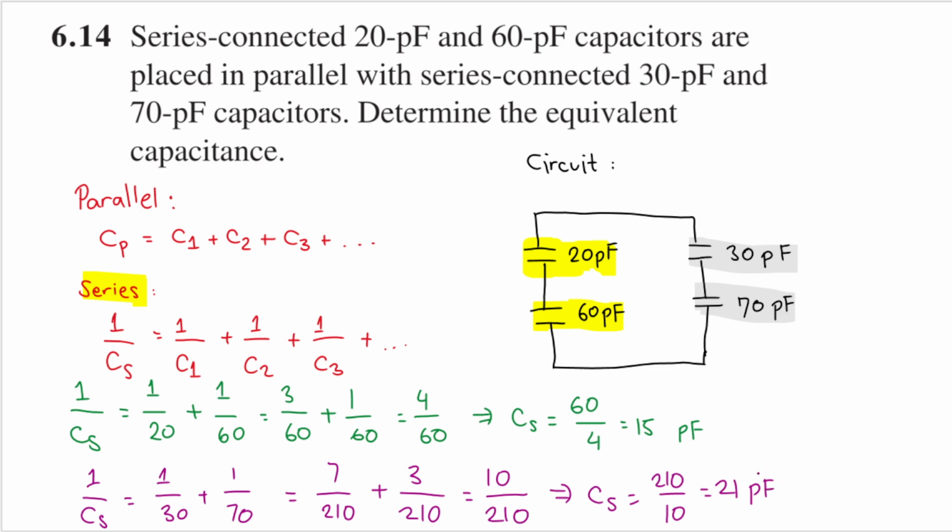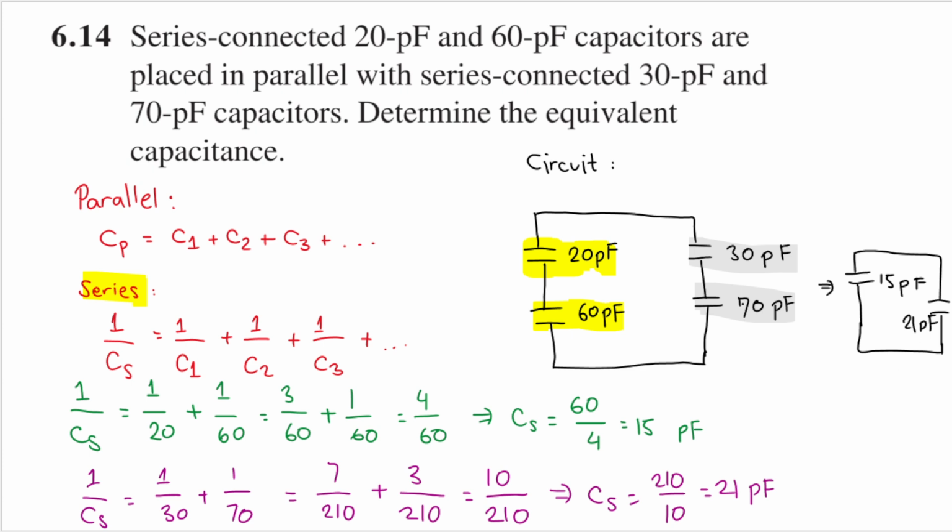So we can simplify our circuit here by using these values. This will be equivalent to 15 picofarad, and then that will be in parallel with this one, which is 21 picofarad.